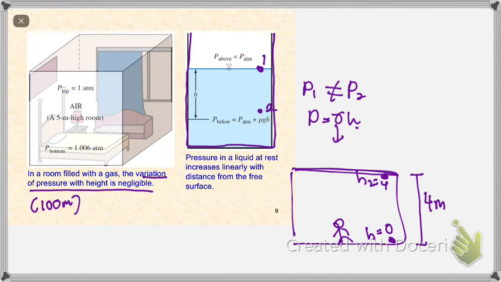By definition, P equals gamma H. So H at point 1, if we make it 0, then it will be difficult for you to see the difference. Okay, we change that. We take a point here, H there equal to 2 meter.